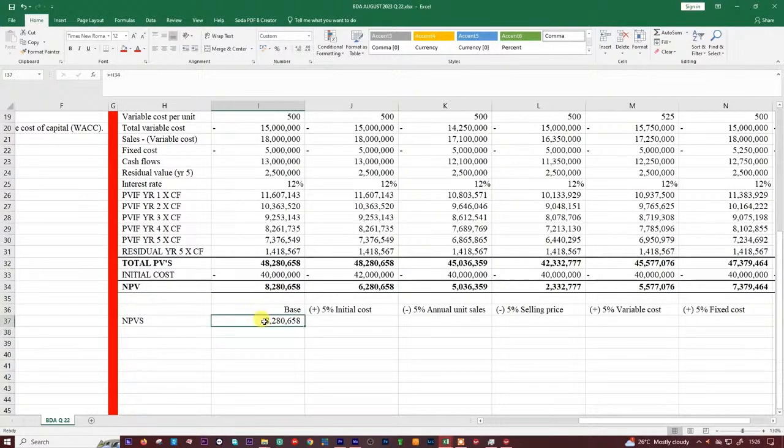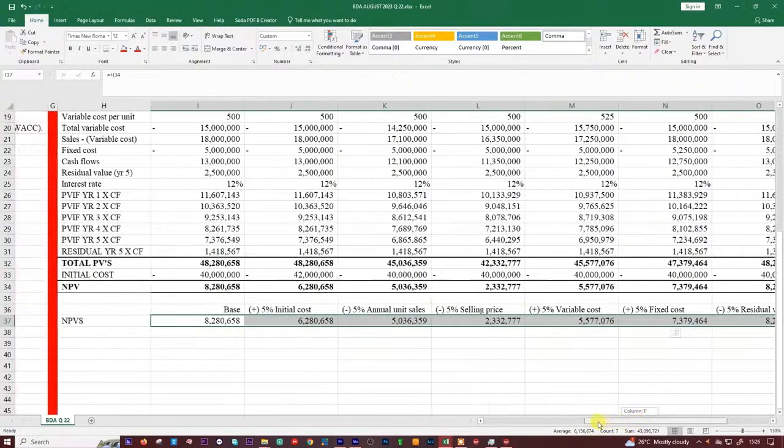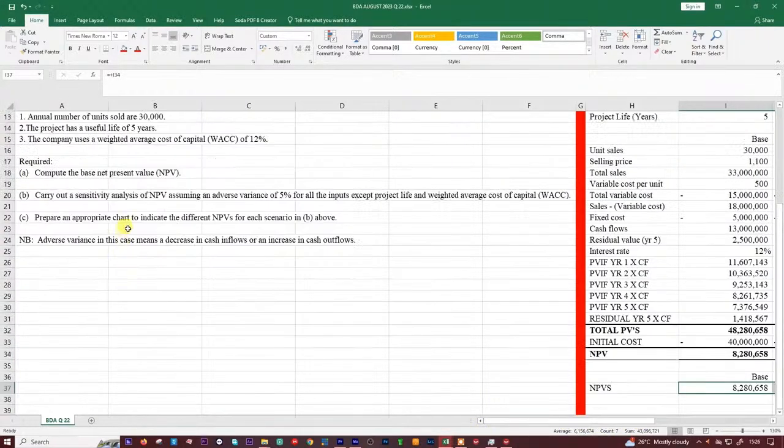Once you pick one, then you just drag it. With that, now we've done that, carry out a sensitivity analysis, we've already done the sensitivity analysis, prepare an appropriate chart to indicate the different NPVs.